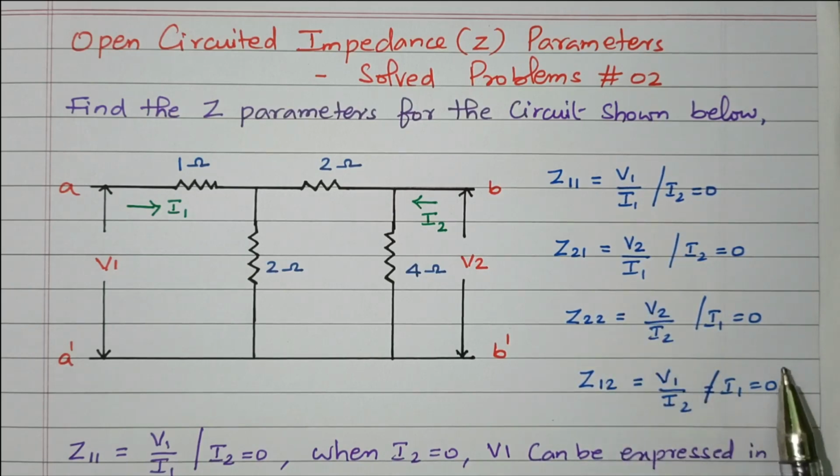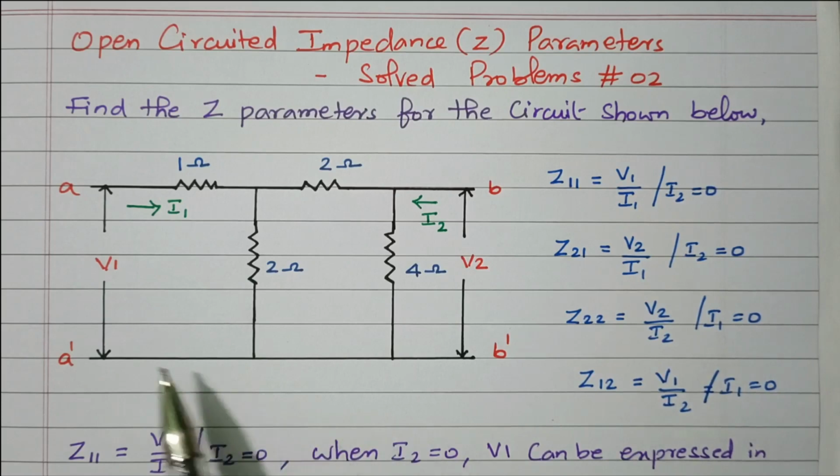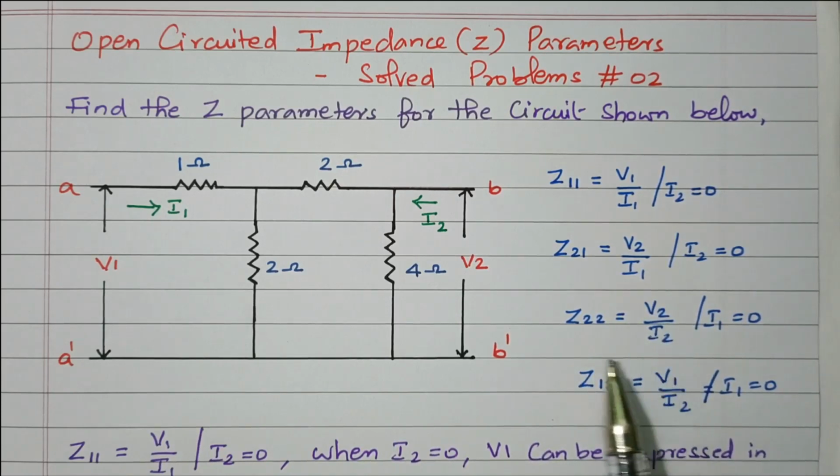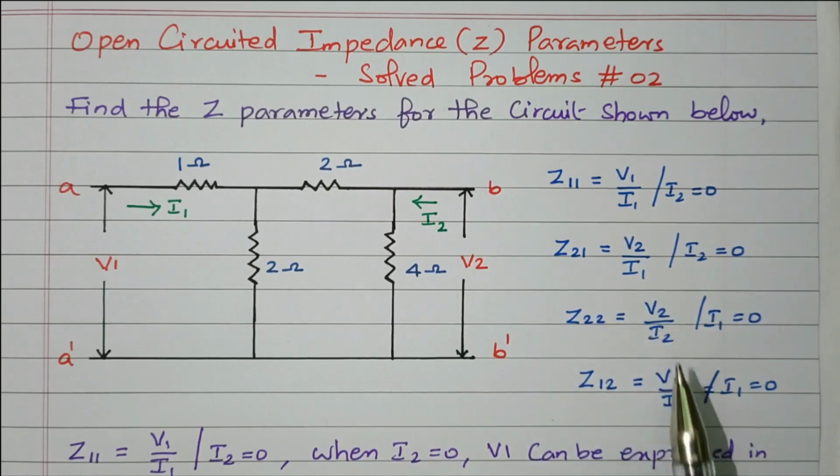And for another two parameters, we are making the input port open circuited so that I1 equal to 0. For these two cases we can find Z22, V2 by I2, open circuited output impedance, referring the output parameter. Z12 equal to V1 by I2, input port voltage divided by output port current.